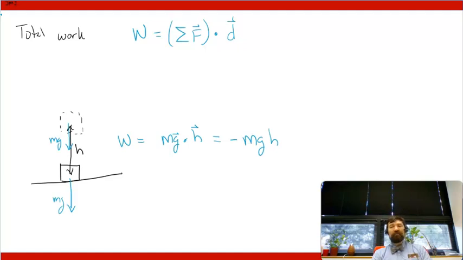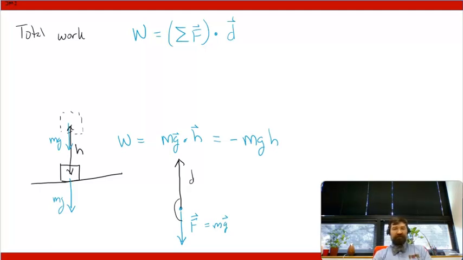Now you may be wondering, where does the negative come from? And the answer is because if I were to draw again the force vector, this is my force, which is m times g, it's downward, and my displacement vector, it started low and ended up high, would be like this. So what is the angle between these two vectors?